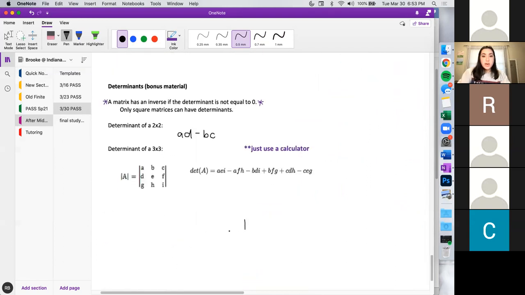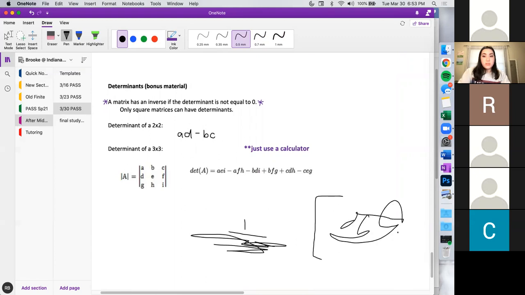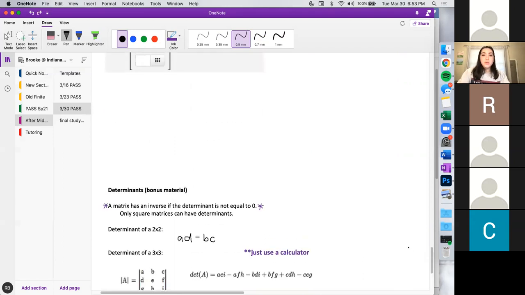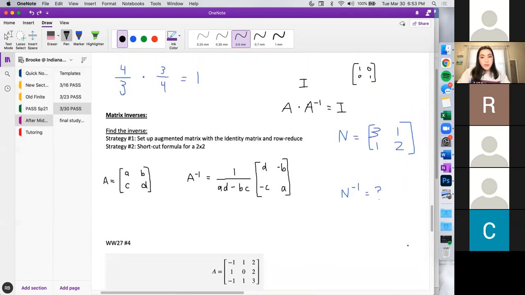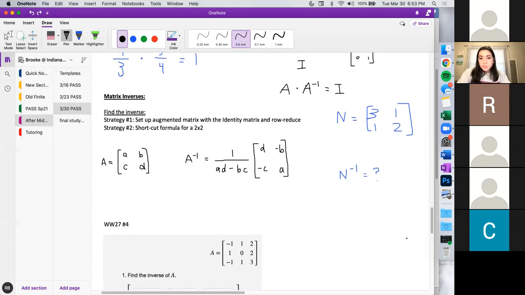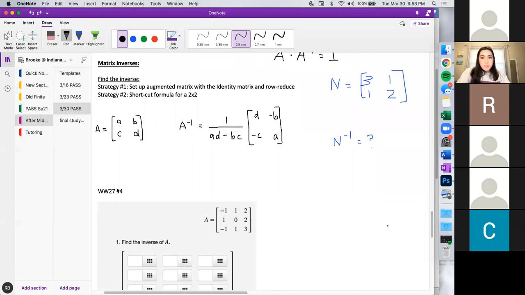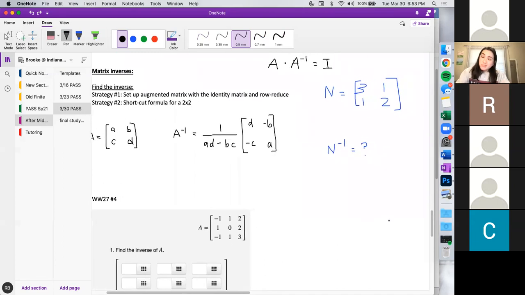It'd be 1 over that, and then also a bunch of random stuff in there. And it's not fun. So I would honestly row reduce if I had to. If I could, I would use a calculator. They don't make you do it usually, but sometimes. So here we have a 2x2 though, so the shortcut's small, which is nice.